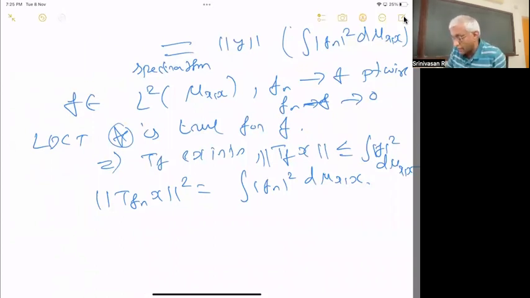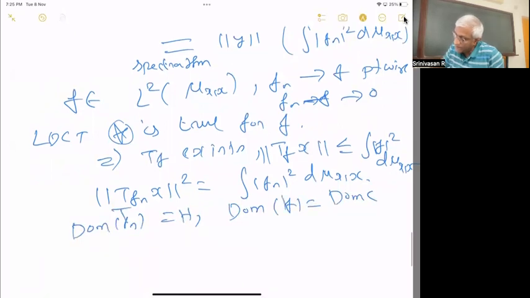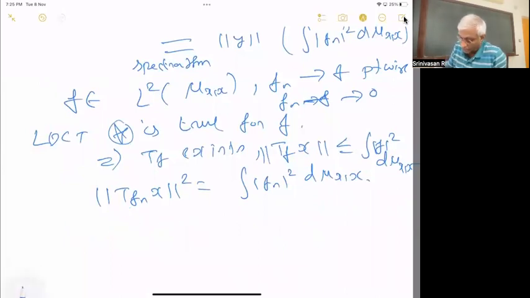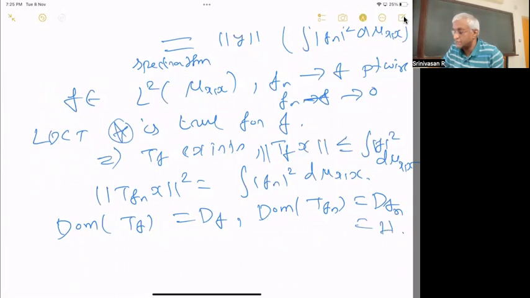So notice that the domain of Tfn is H. And the domain of Tf, which we call Df. And the domain of Tfn, Dfn, is everything because it's bounded.